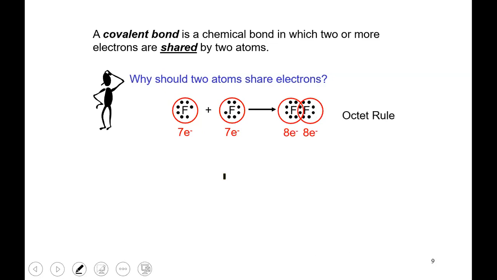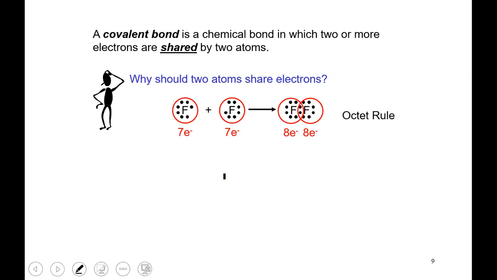This is what is called the octet rule. It's a component of Lewis' theory to propose that the reason why atoms share electrons is so that they can have a composite 8 electrons around each atom in there, including the ones that they're sharing. Notice that they're going to be shared in pairs, all right?